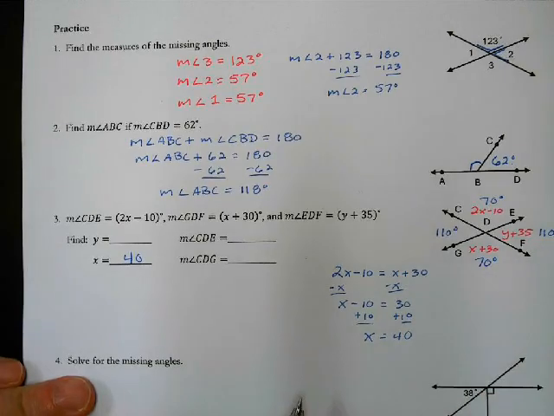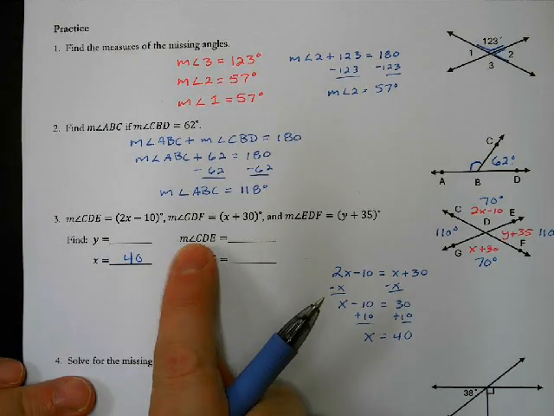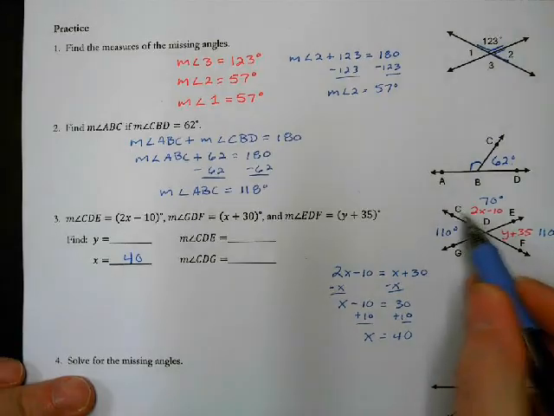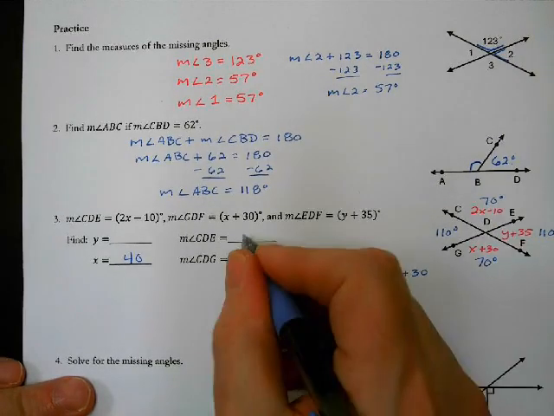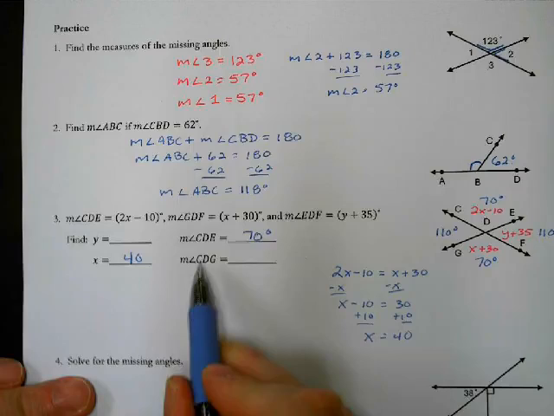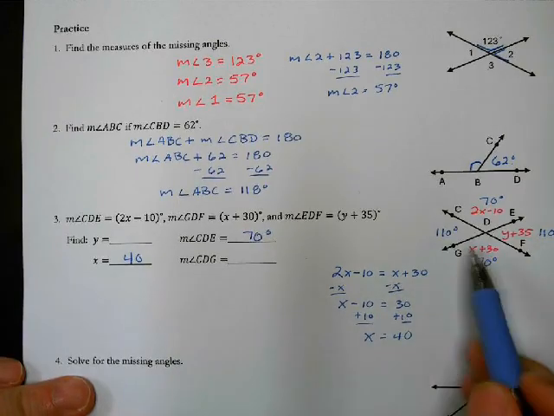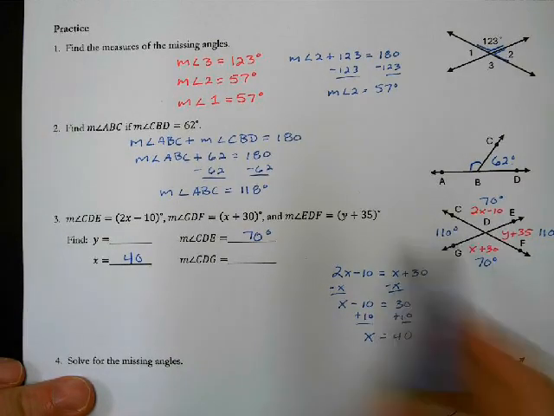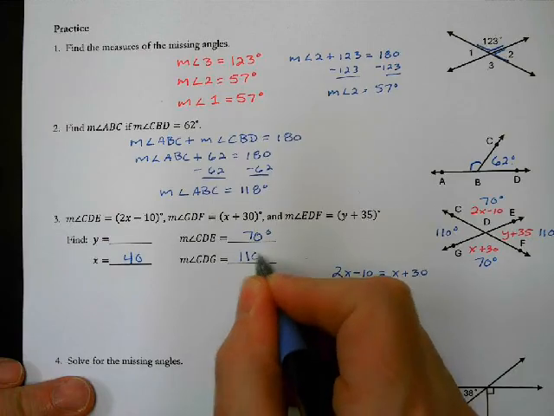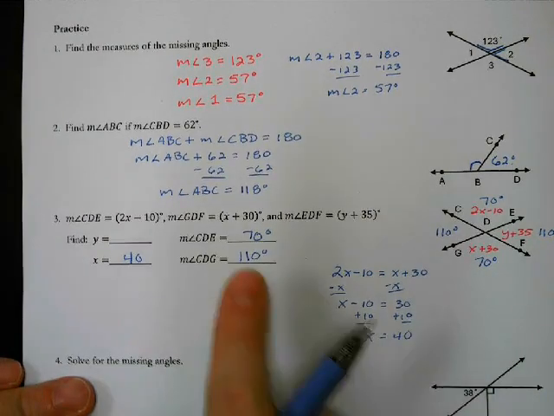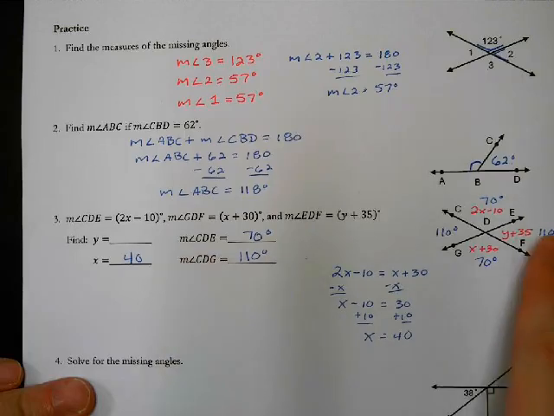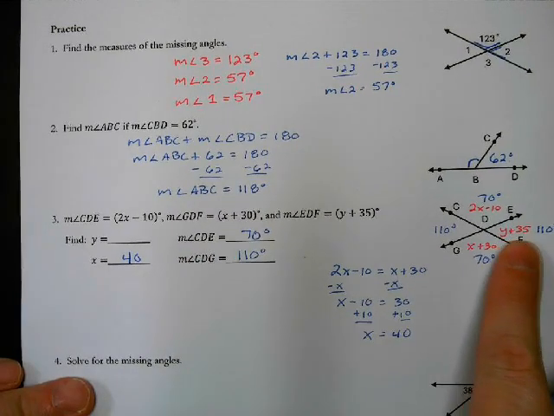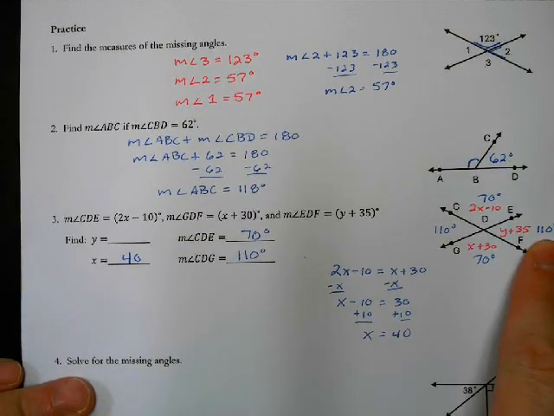They want us to find the measurement of CDE. CDE, we found it. It was 70 degrees. CDG, that's this one. We found that. That was 110 degrees. Last thing we need to do is find y. And here I can see that y plus 35 is the same thing as 110.